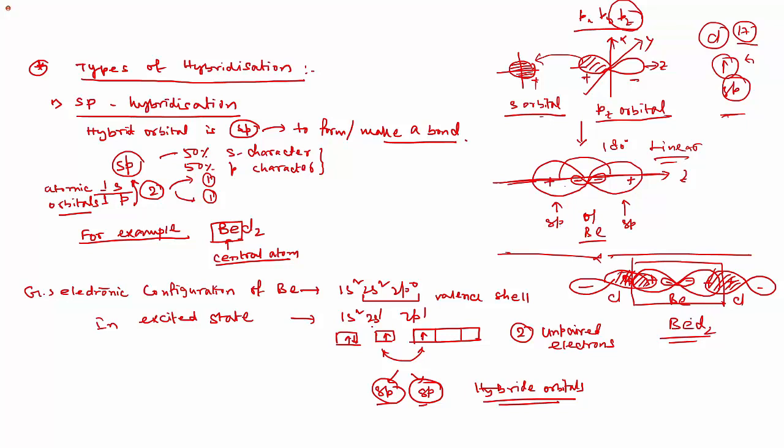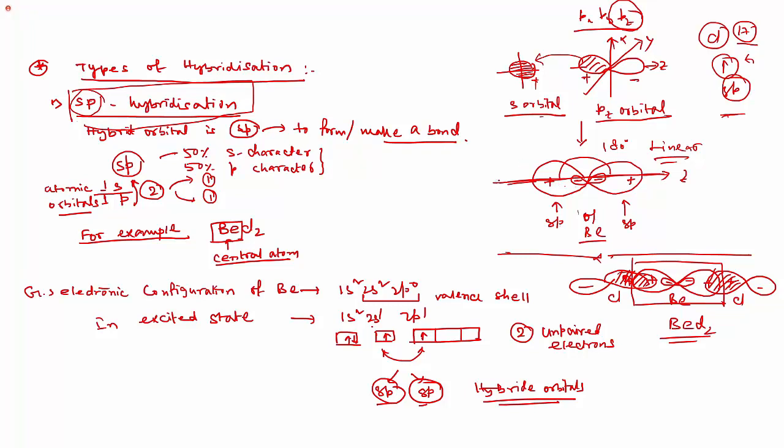First of all, you have to think about the hybrid orbitals. When I discuss sp hybridization, that means the hybrid orbitals will be sp. First you have to think about how the sp hybrid orbital looks, because whatever geometry the molecule has comes from the hybrid orbitals.